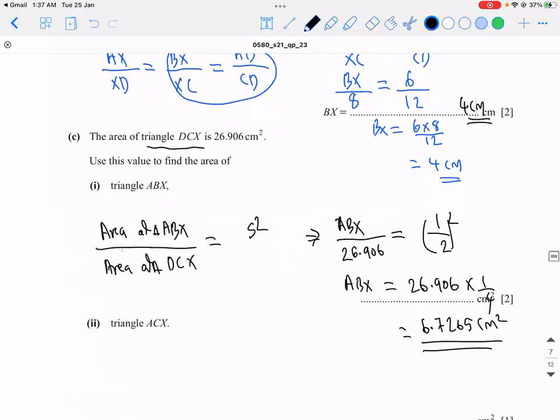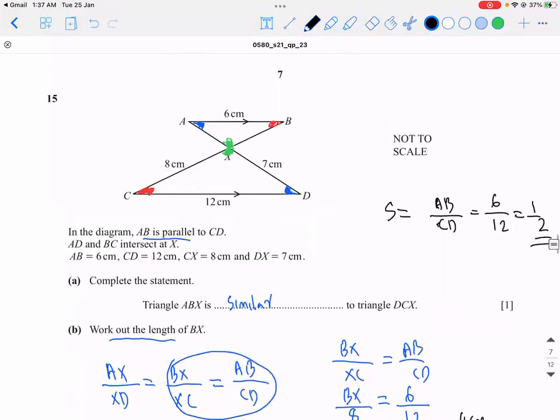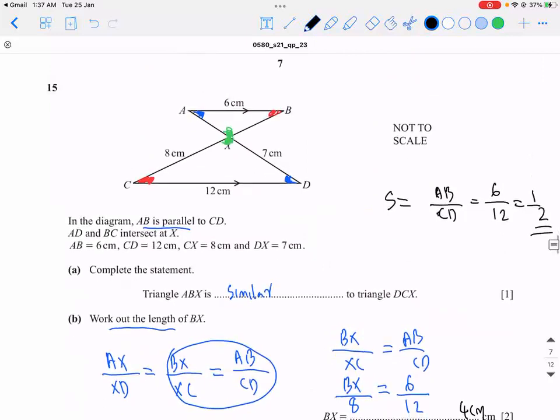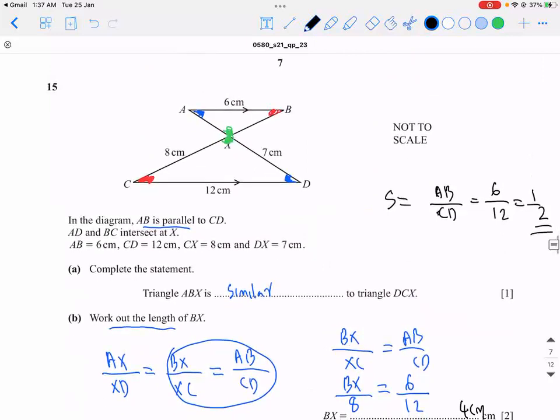Now, what is the area of triangle ACX? Which one is ACX? So this one, triangle ACX. How are you going to find the area of this triangle?